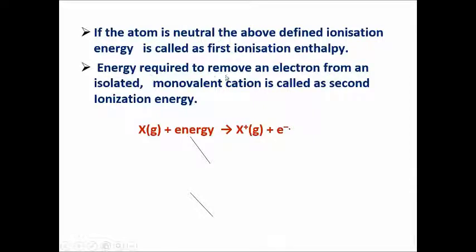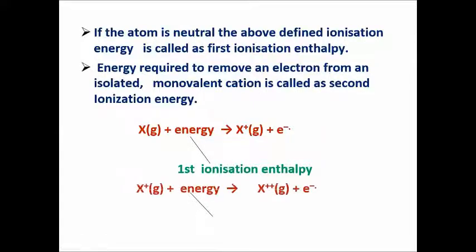The energy required to remove an electron from an isolated monovalent cation, instead of the neutral atom, is termed as second ionization energy. See, one example is given, X plus. This is a cation, with only one plus charge, that's why it is termed as monovalent cation.